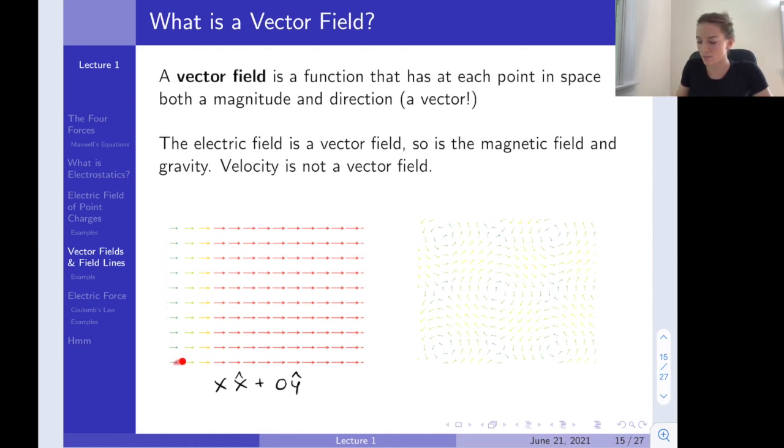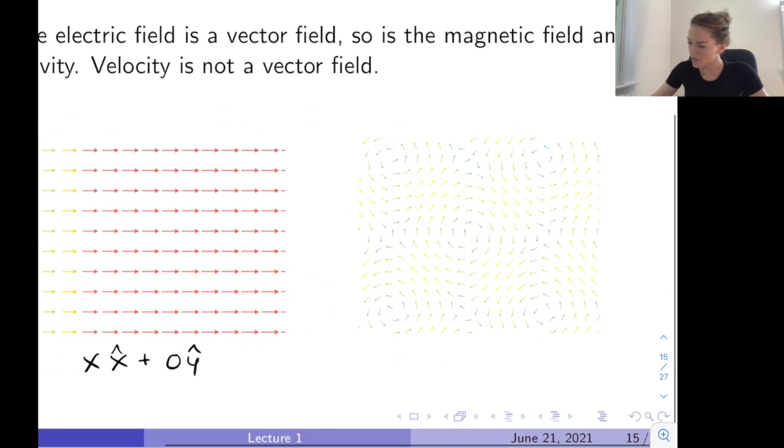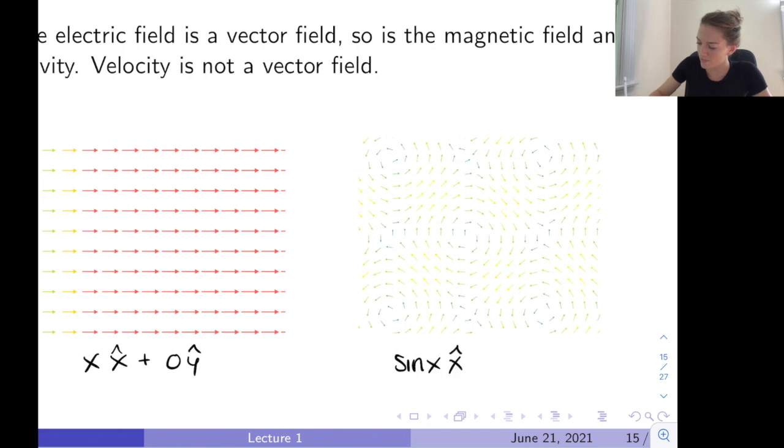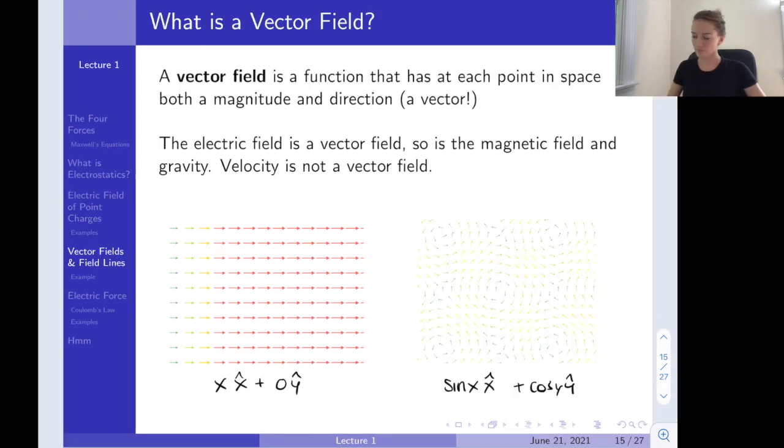And this is just the first quadrant here. And then this vector field, sorry, I know the colors are a little bit hard to see. I think this is sine x hat plus cosine y hat. Something like that. I'm not entirely sure I got my x's and y's in the right place, but it's some combination of sines and cosines.